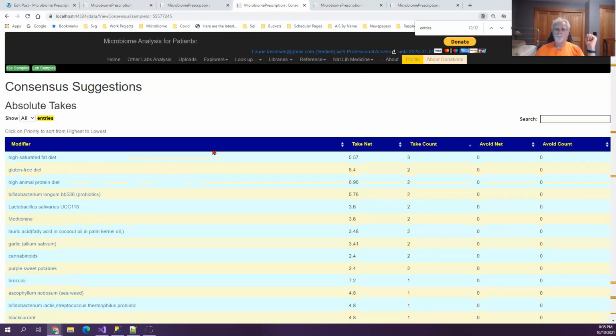So you have information, you have the build, it's broken into 6 groups, similar to what I did with commercial probiotics: absolute take, absolute avoid, probable take, probable avoid, possible take, possible avoid.